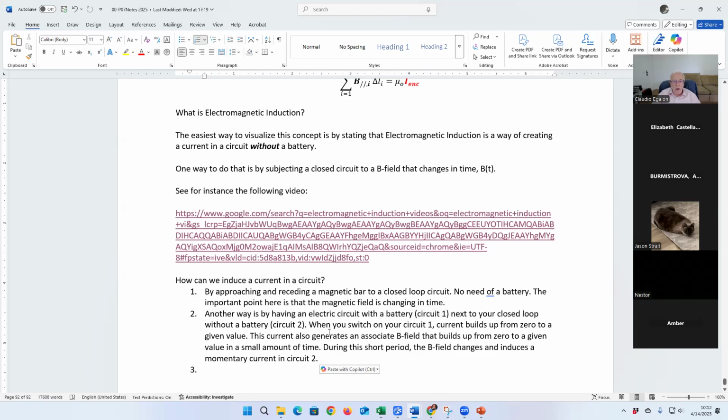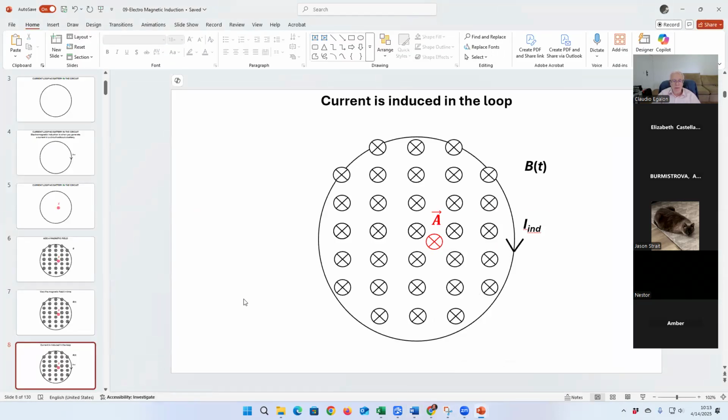When you turn on circuit number one, the current is going to build up in the first circuit from 0 to a given value. This current is going to have a magnetic field that's also going to build up from 0 to a given value. And during this period in which the magnetic field is changing, it will induce a current in the second circuit.